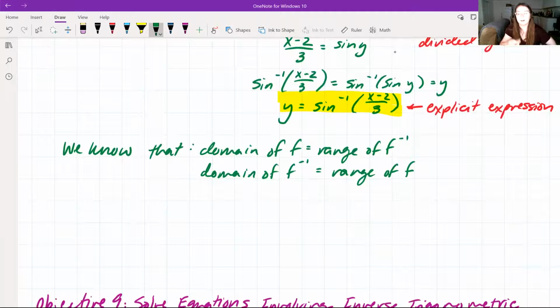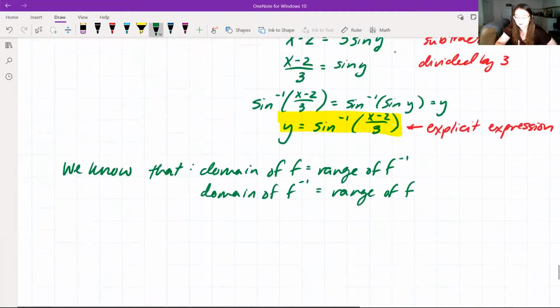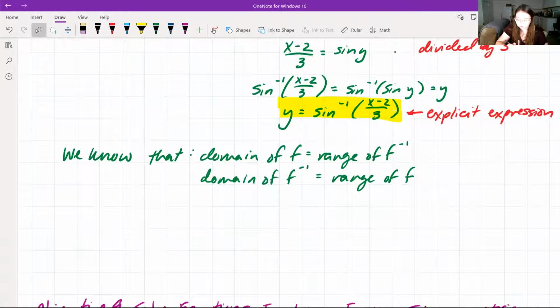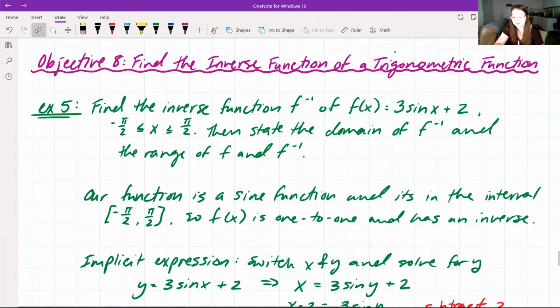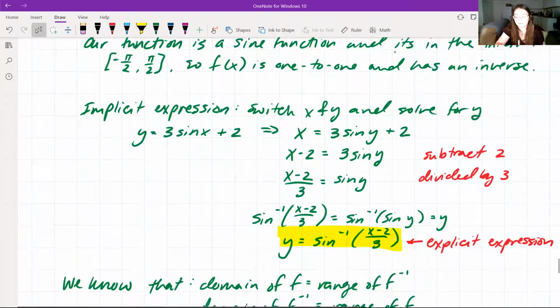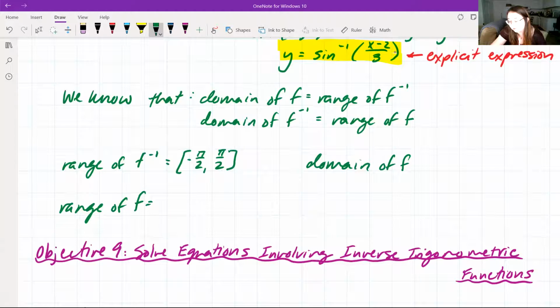Since our domain of f was between negative pi over 2 and pi over 2, our range of f inverse is going to be that. So we can just state this over here. Our range of f inverse is the interval from negative pi over 2 to pi over 2. And now the other things we want to find are the range of f and the domain of f inverse. So we'll say range of f there, and the domain of f inverse here.